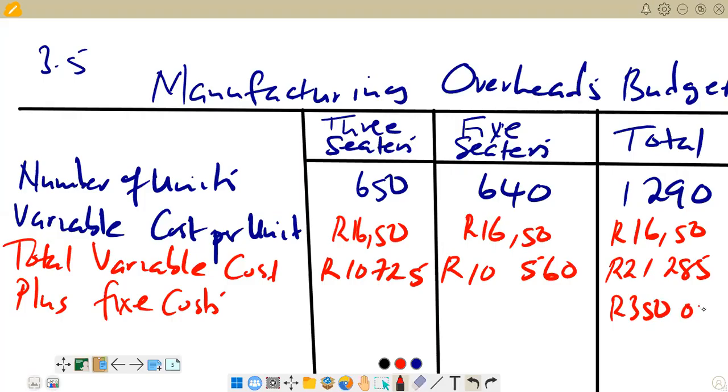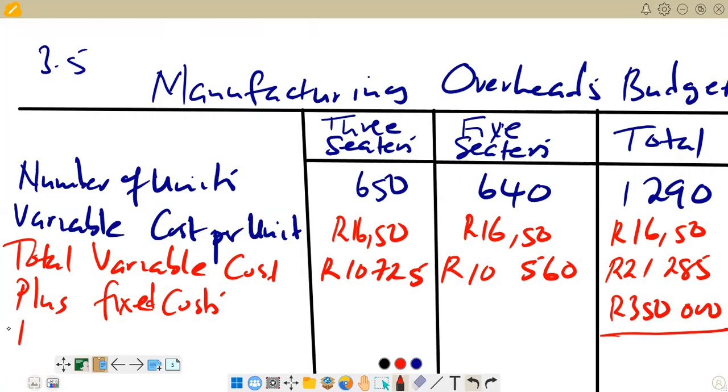350,000. So what happens now, what we are saying now, we are now adding variable plus fixed. So what are we saying? Here we have got fixed, and then we say this is our variable. Our variable total is 21,285. Then we add to 350,000. Then we now get our total manufacturing overhead.